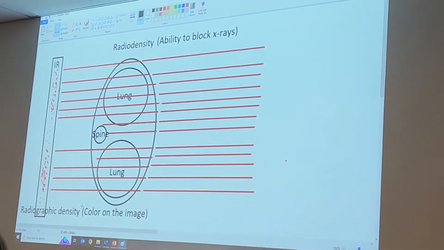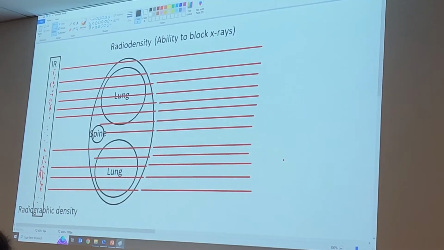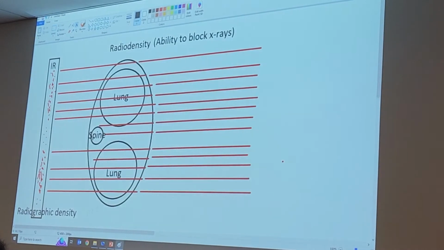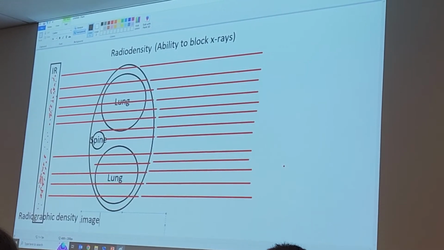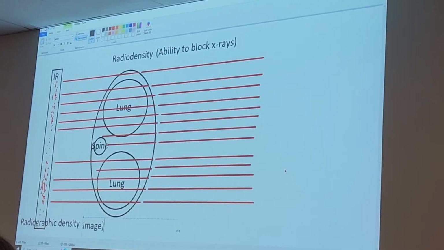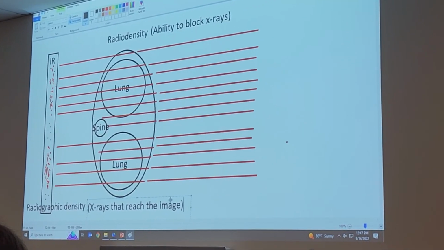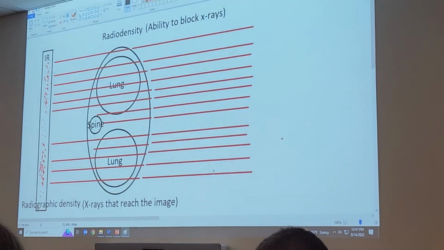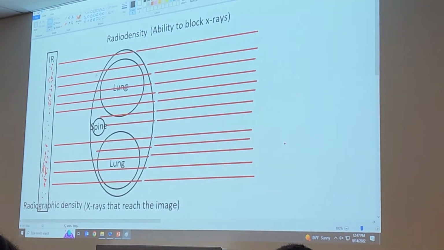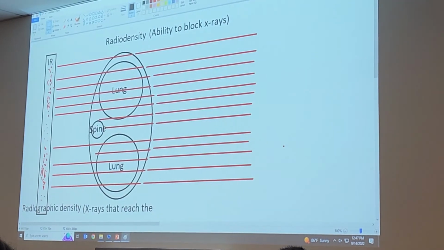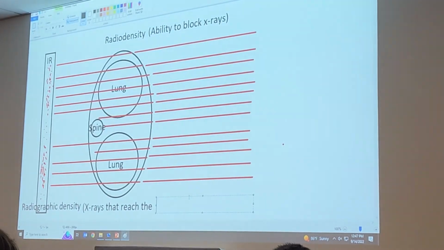So maybe I shouldn't say color on the image. Maybe I should say X-rays that reached the IR. The density that goes through the anatomy and reaches the IR, right? Instead of image, let me just say IR, to be more accurate.